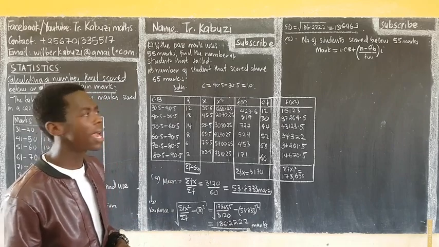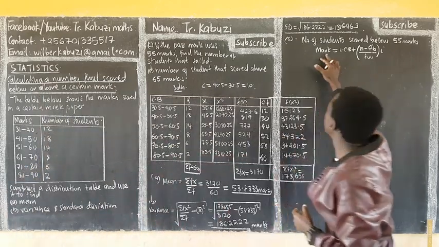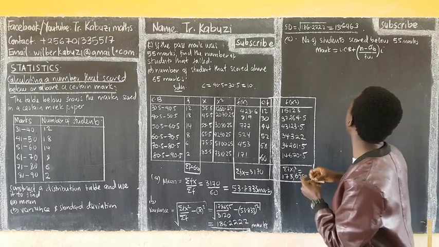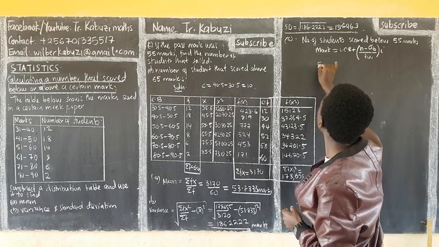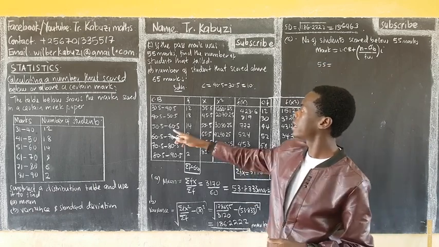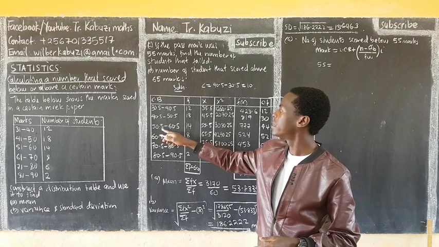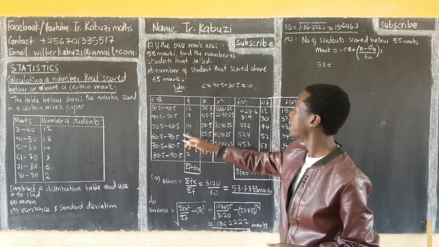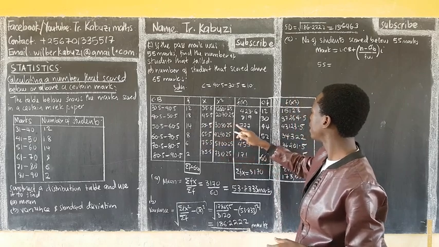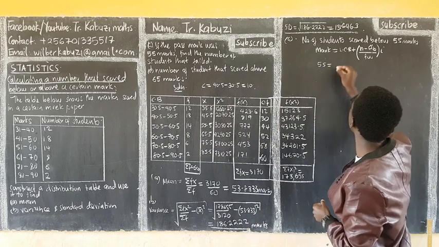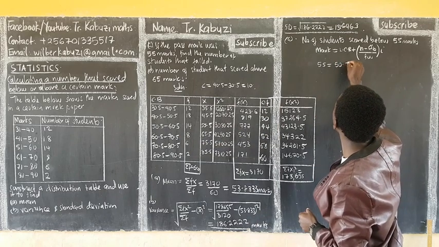So what we do there, you get the mark we are talking about and define which class it is falling in. The mark we are talking about here is 55. Which class is it falling in? It's falling in this class. What's the lower class boundary of that class? The lower class boundary of this class is 50.5.